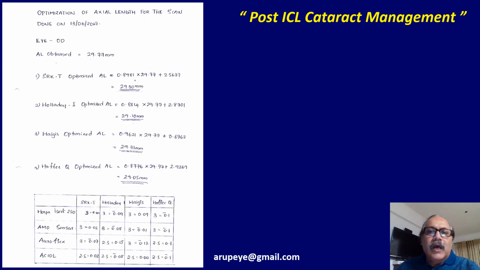But after the biometry was over, and when I optimized the axial length using the Wang-Koch equation, I found out that all the formulas, the SRK-T, Holladay, Haigis, Hoffer-Q, are suggesting a lens of 3 diopter.